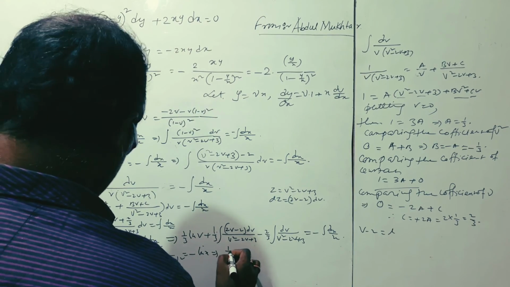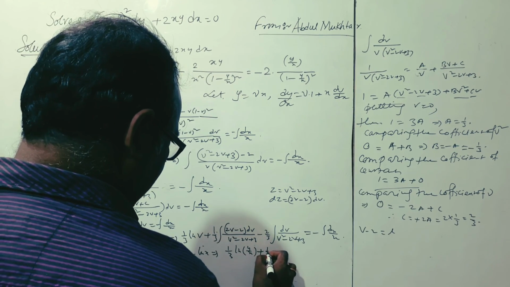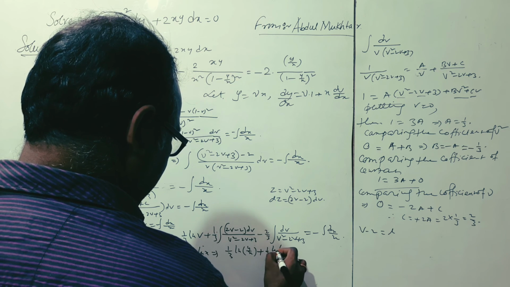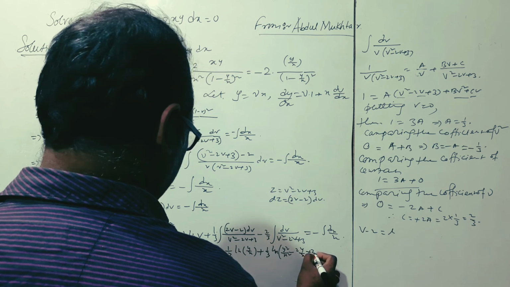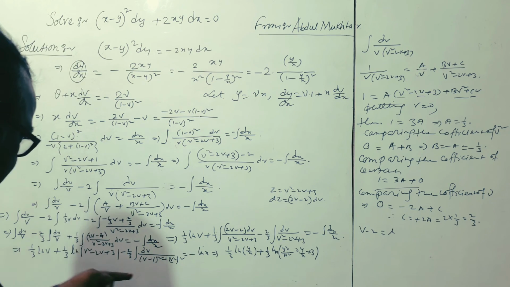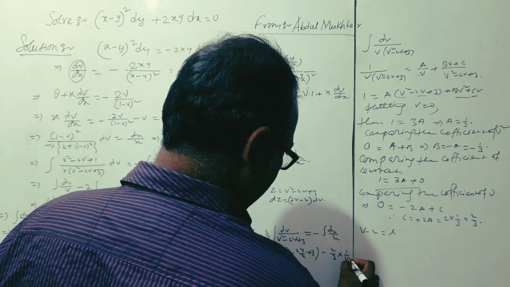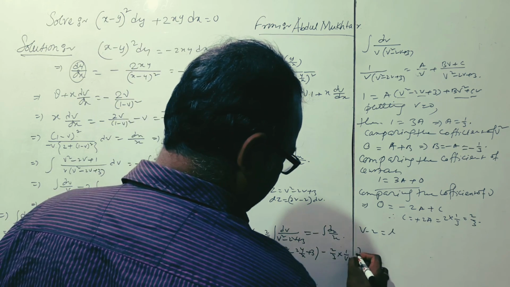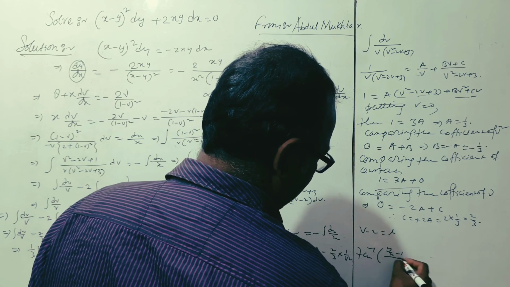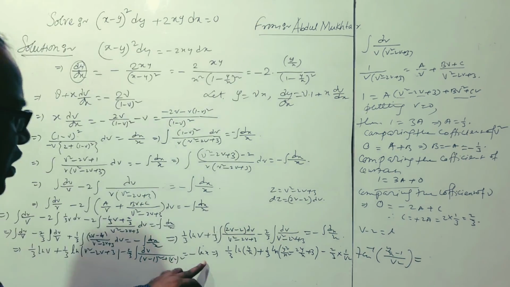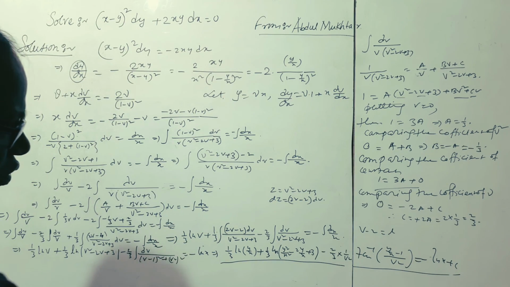So you can write 1/3 ln v, meaning y by x, 1/3 ln of y square by x square minus 2y by x plus 3, and this is a tan inverse, minus 2 by 3 times 1 by root 2, tan inverse of v minus 1 by root 2, where v is y by x, minus 1 over root 2, and that is equal to minus ln x plus c. So this is your answer.